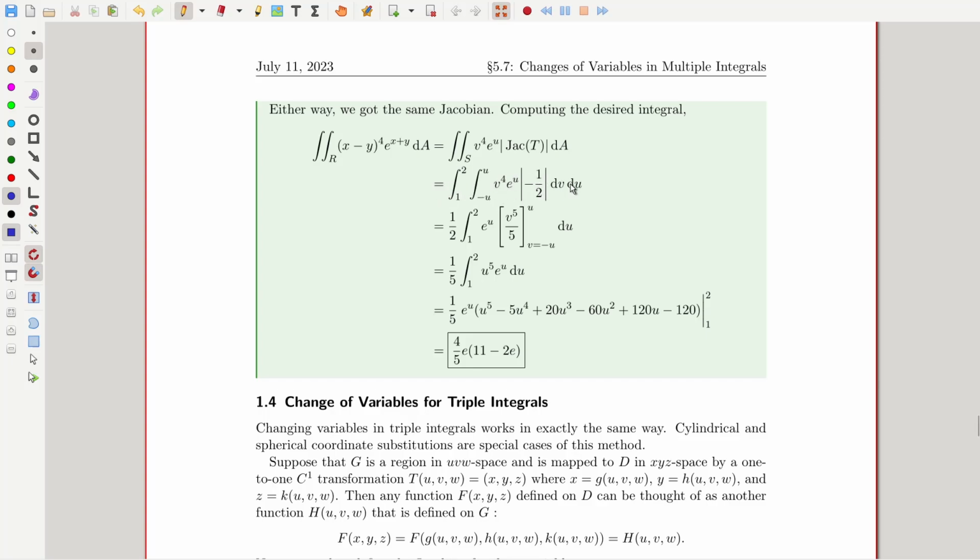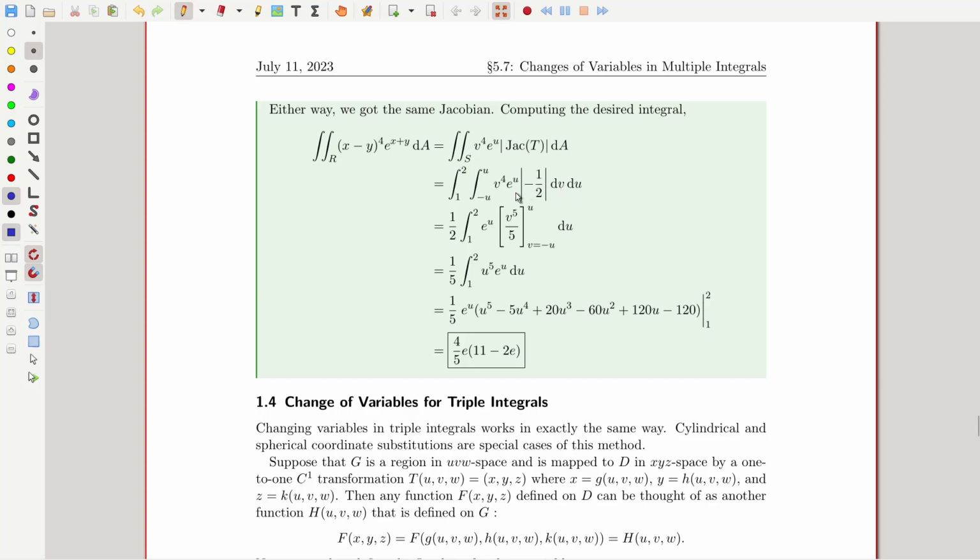Then the next thing I focus on is that we have to treat this as an iterated integral because this is not a rectangular domain. The bounds for the integral with respect to v depend on the value of u. So we have this coupling between v and u. So we can't just split these things apart. We have to treat this as an iterated integral.